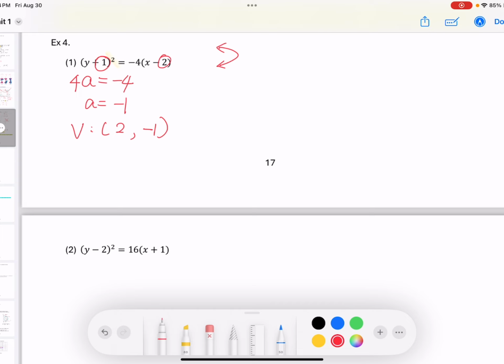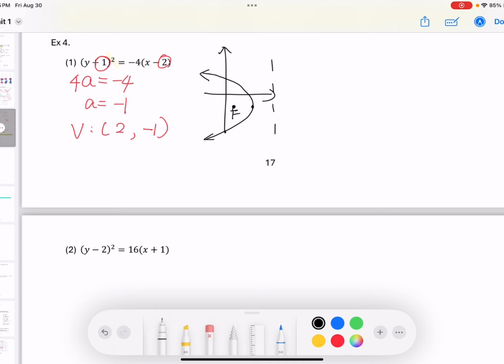And then I want to graph this on my xy plane. So if I have the xy plane, first we can find our vertex, which is (2, -1). Second, my graph opens to the left, so assume this is our graph. Let's find the focus and the directrix.